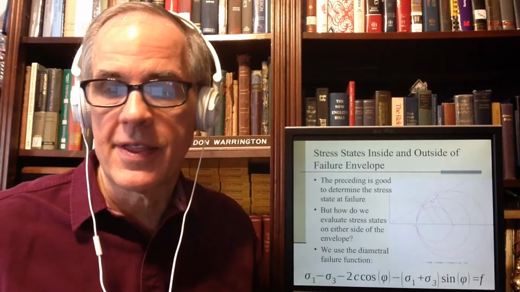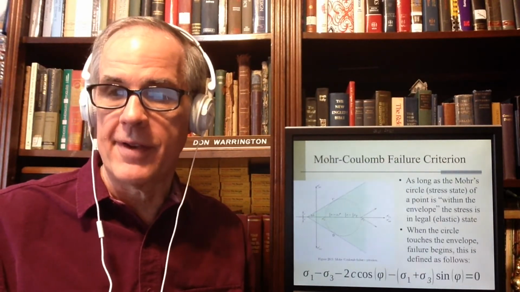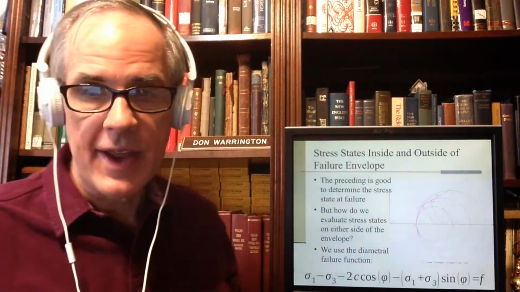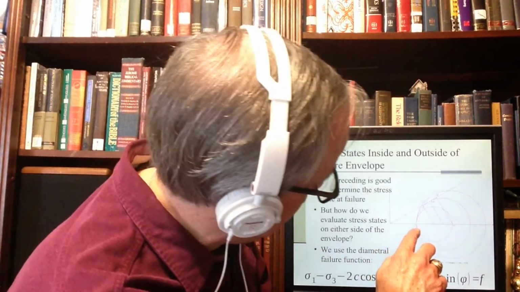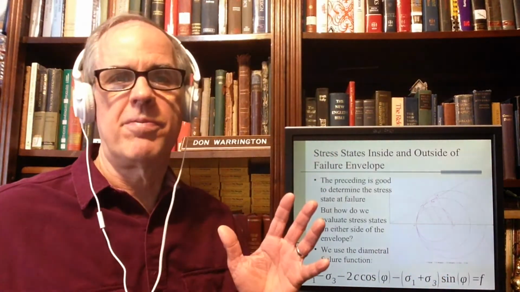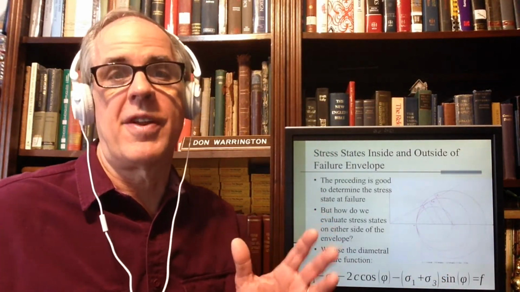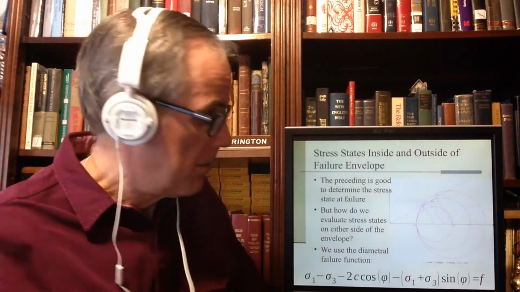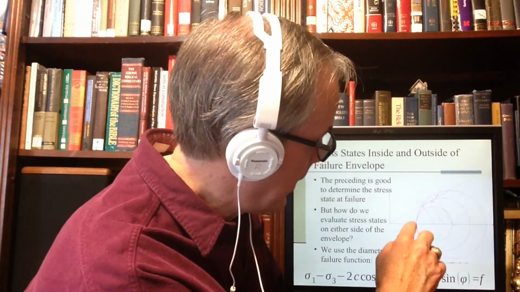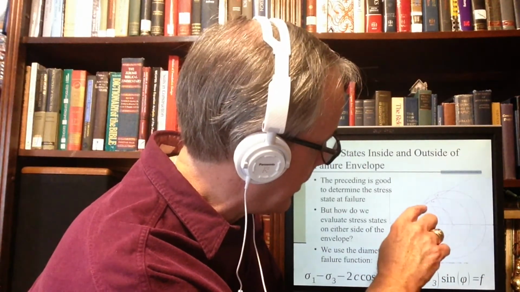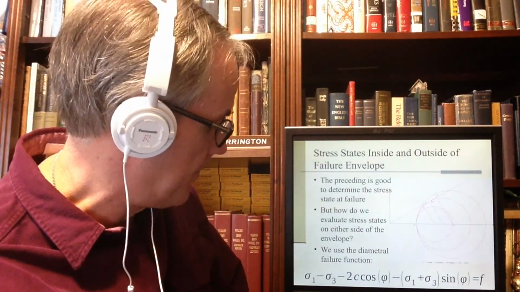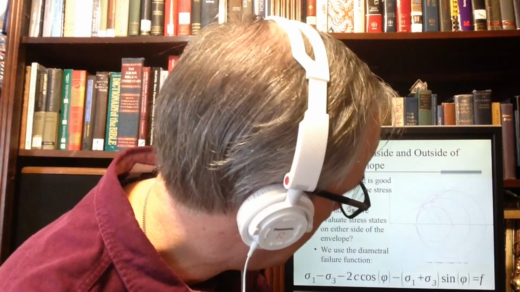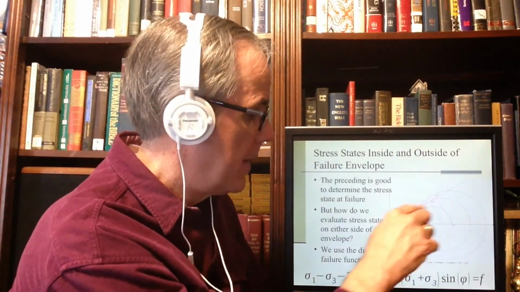Instead of always setting that expression equal to zero, you notice these two expressions are basically the same except for what's on the right-hand side. In that case, F. Let's say I start here with a confining stress, sigma 3, that is constant, which in many cases, for example with effective stress, is constant. I start loading it with something. And I reach the point, and as long as this circle is below here, this failure function will continue on in a negative way.